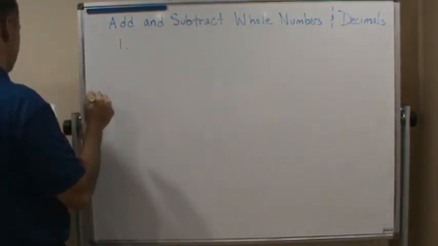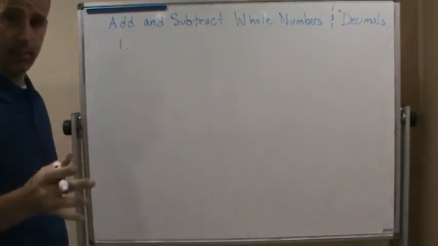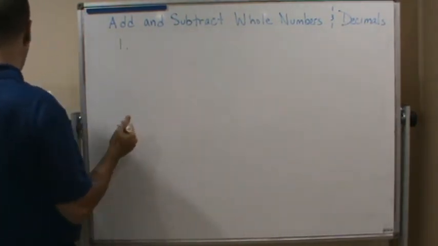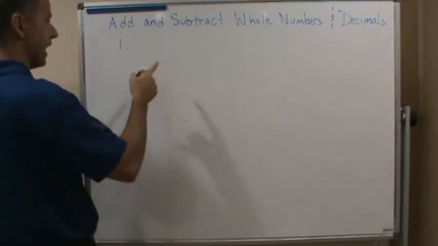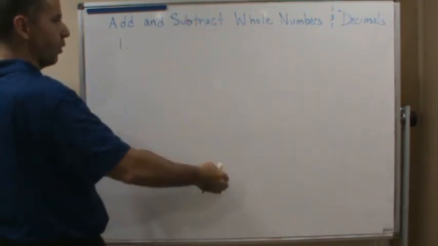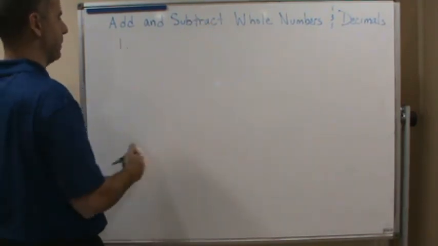One, we want to arrange the numbers in columns. We want to stack them in columns such that the digits in the ones place are in the same column.